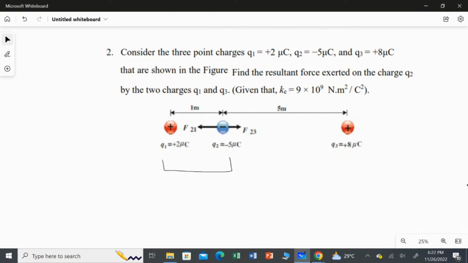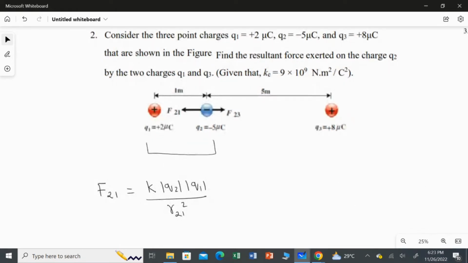F21, the interaction of the second charge on the first charge, equals K times the magnitude of the second charge times the magnitude of the first charge over R21 squared. So what is R21? The distance between the second charge and the first charge. Clear? Now I can apply the values here.